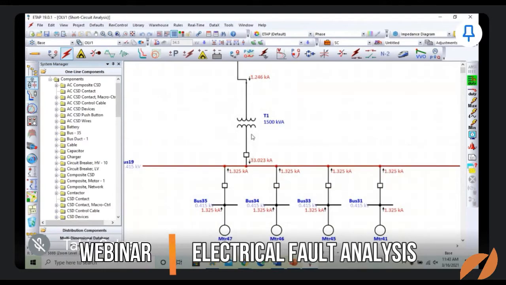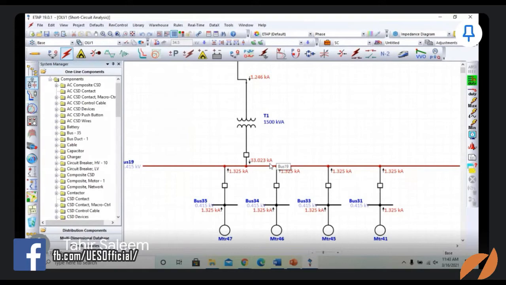Since the voltage has been transformed from a higher value to a lower value, it causes the current to increase. As you can see, from this transformer and through this circuit breaker, we are getting a current of 33.023 kiloampere, so around 33 kiloampere is contributed from this transformer.